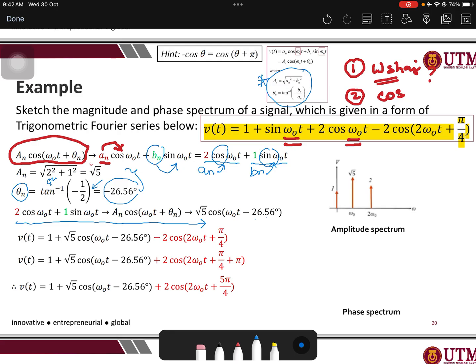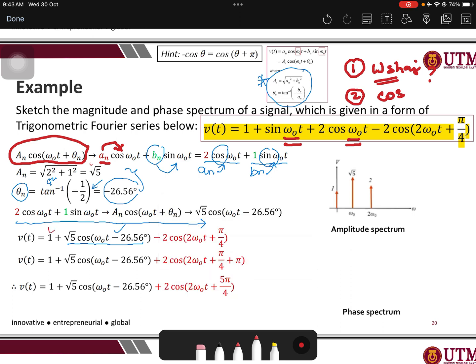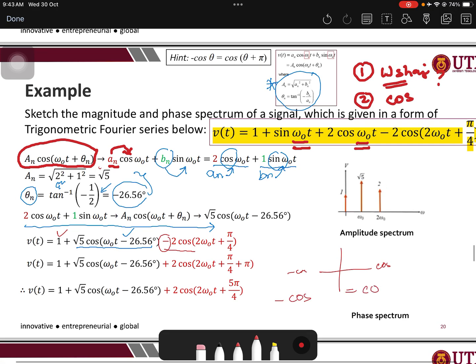Now from here, you can convert this one. This one is okay, no problem at all. What about this one? We don't want the negative cos, we want the positive cos. Remember, negative cos equals cos plus pi, that is 180 degrees.